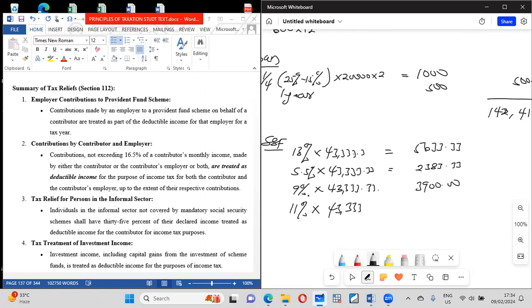That is the thing. Everybody wants to see what will happen if I don't do the needful. You can face life imprisonment. There is also an amount of 24,000 that you may have to pay. All right. So please be careful.